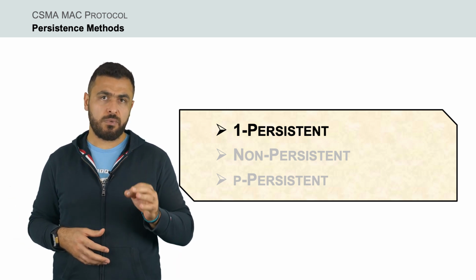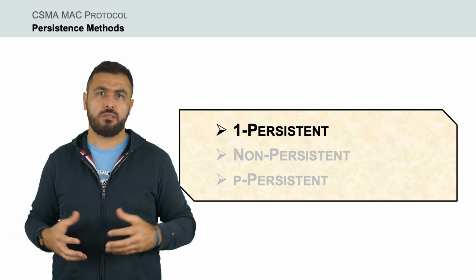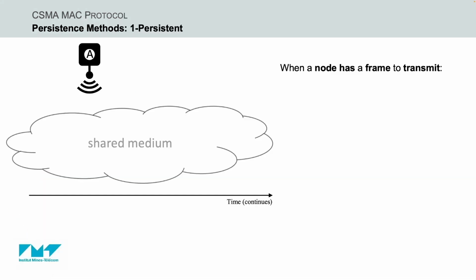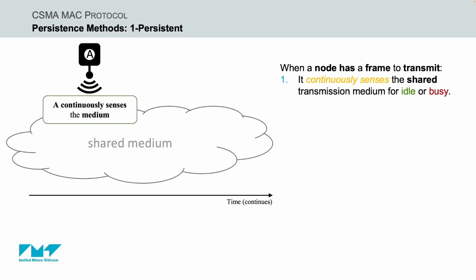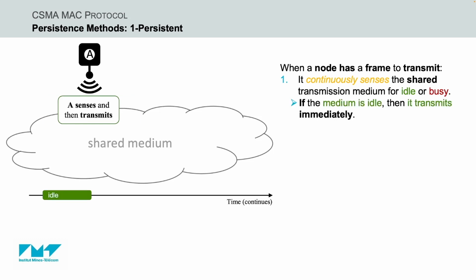One persistent CSMA is an aggressive transmission algorithm. Under the one persistent method, when the transmitting node has a frame to transmit, it continuously senses the shared transmission medium, in other words, the shared channel, to check its state. More specifically, it checks if the medium is idle or busy. If the shared transmission medium is idle, the node A transmits its frame immediately.